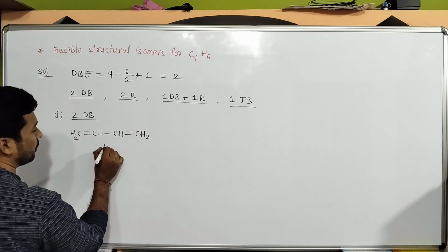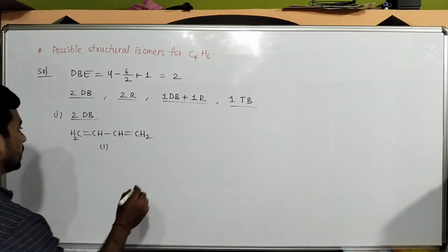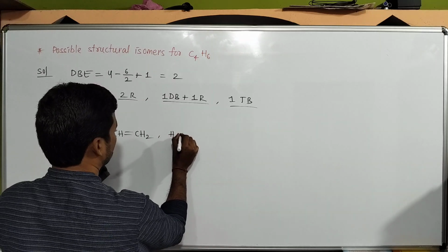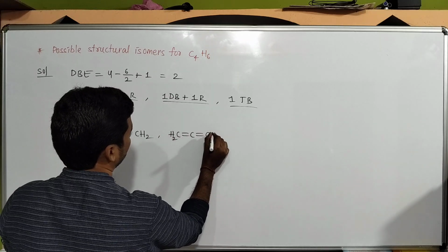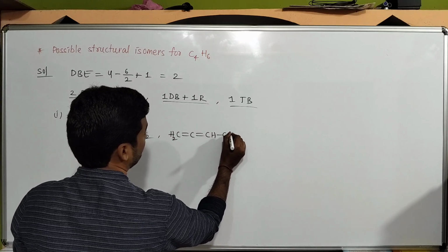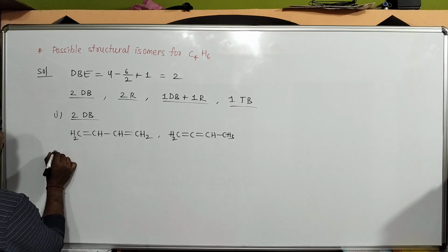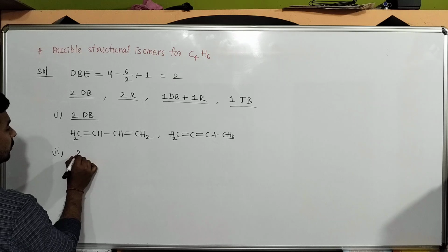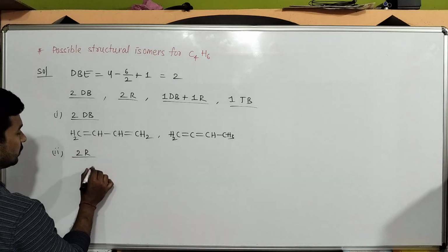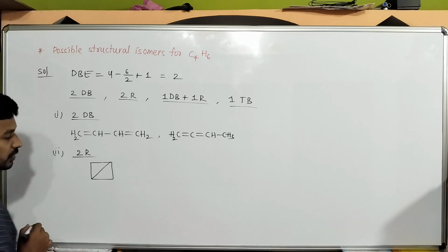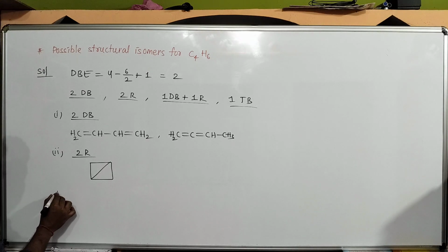This is one possible. Next, second is cumulative diene, CH2 double bond, C double bond, CH, single bond CH3. This is next, with 2 rings. With 2 rings, 4 carbon atoms with 2 rings, only one is possible, like this.